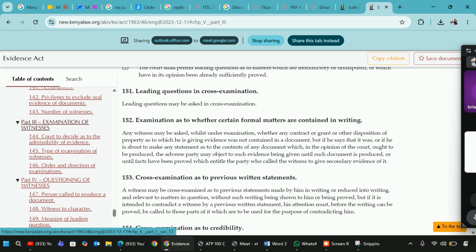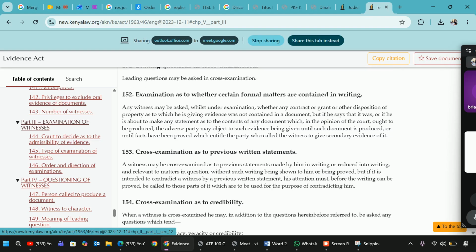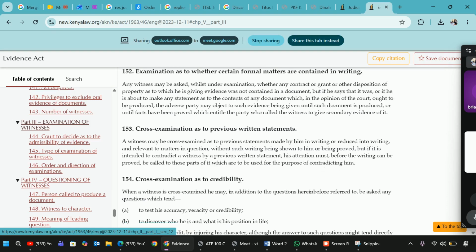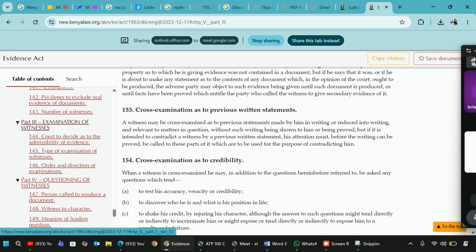But if he says that it was, if he is about to make any statement as to the contents of any document which, in the opinion of the court, ought to be produced, the adverse party may object to such evidence being given until such document is produced, or until facts have been proved which entitle the party who called the witness to give secondary evidence of it.